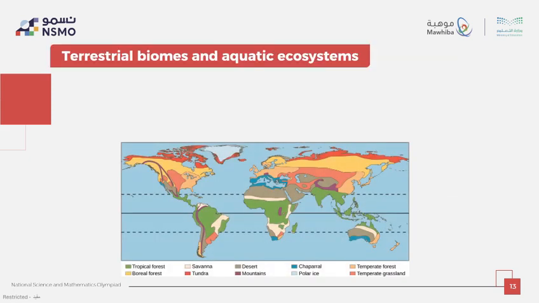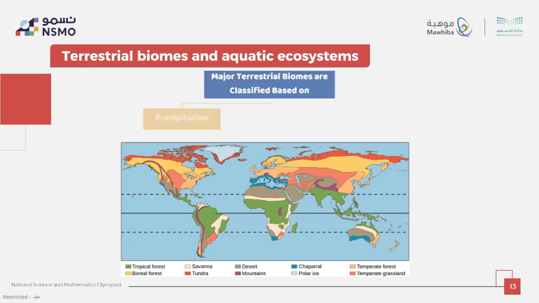So, terrestrial biomes and aquatic ecosystems. A biome is a large region classified mainly by temperature, precipitation, and vegetation. Precipitation: areas with high rainfall support forest.